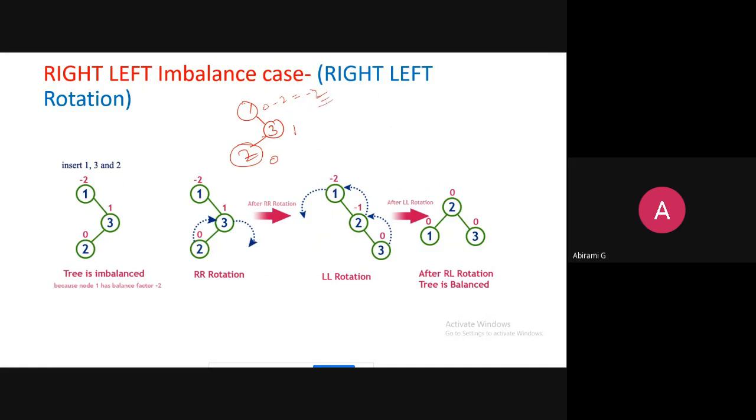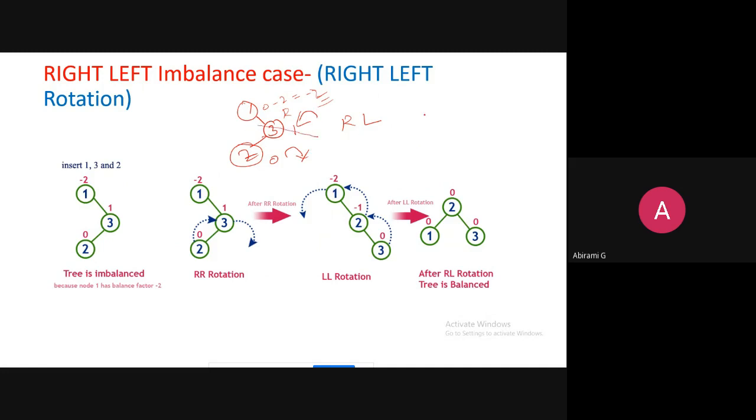So we have to make it a balanced one. For that we have to find out what rotation it is. This is present on the right hand side, left. So right left means the rotation is also right left. First we do the lower level right rotation, then the upper level left rotation.